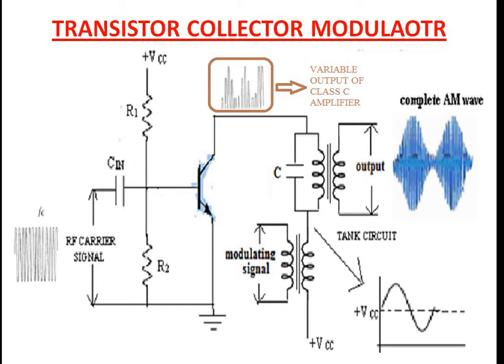Now, a class C power amplifier produces an output which flows for less than 180 degrees. Its efficiency is also very high.